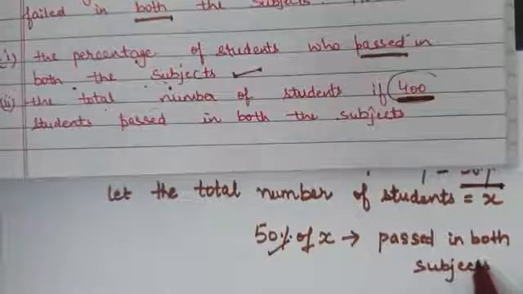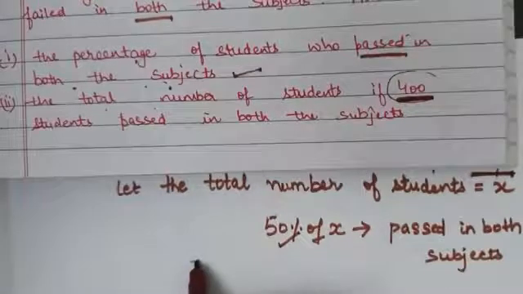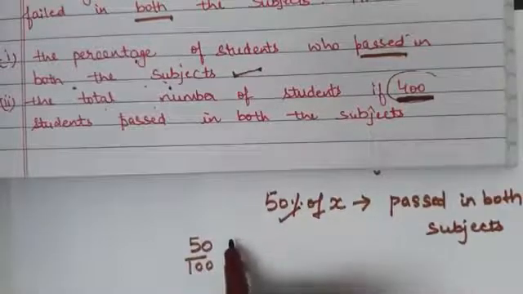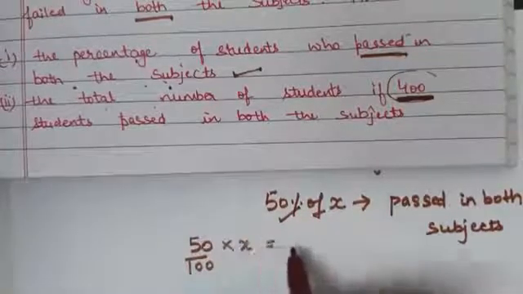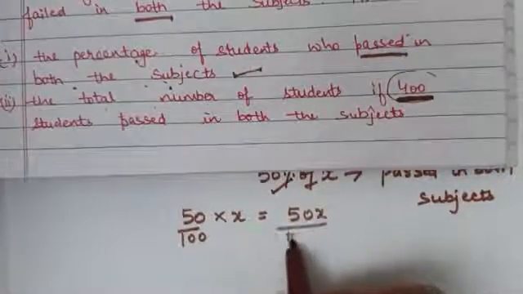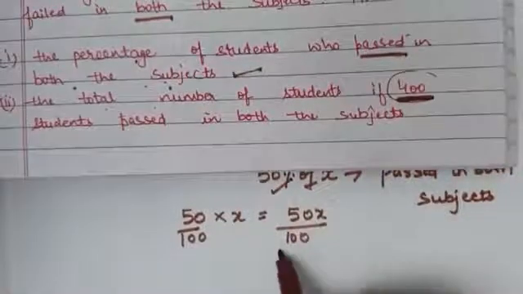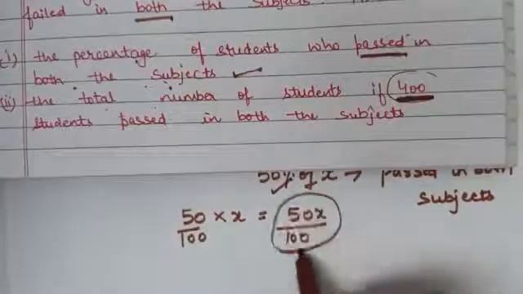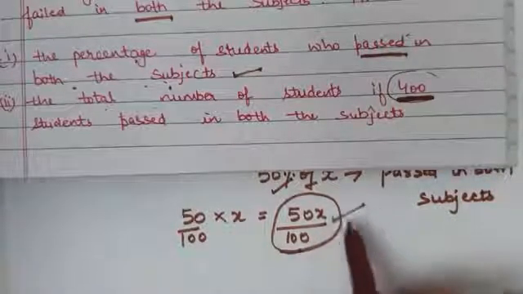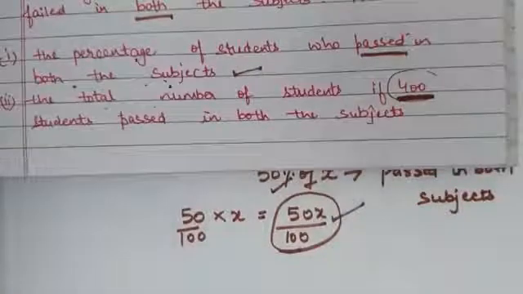Now if we solve it, 50 upon 100 multiplied by X gives 50X upon 100. This is the number of students who passed in both the subjects.